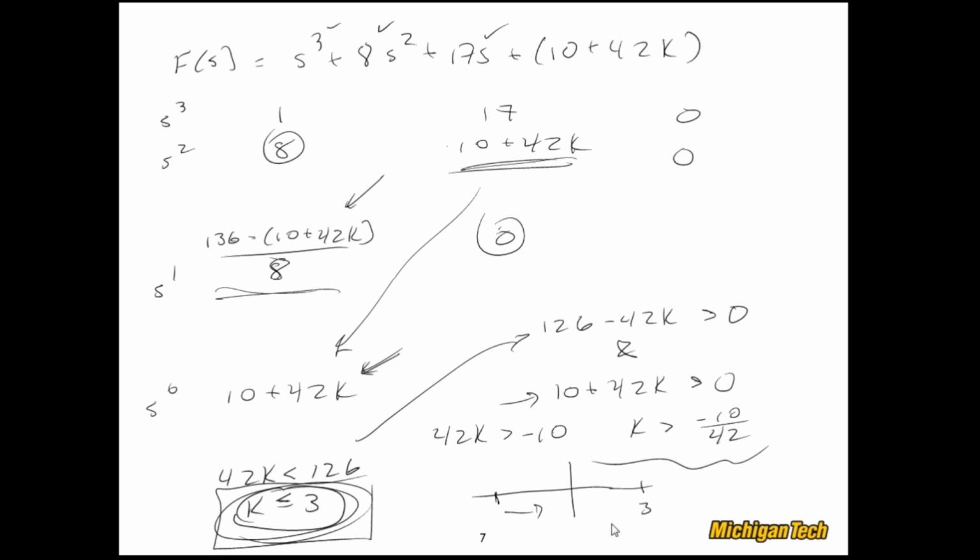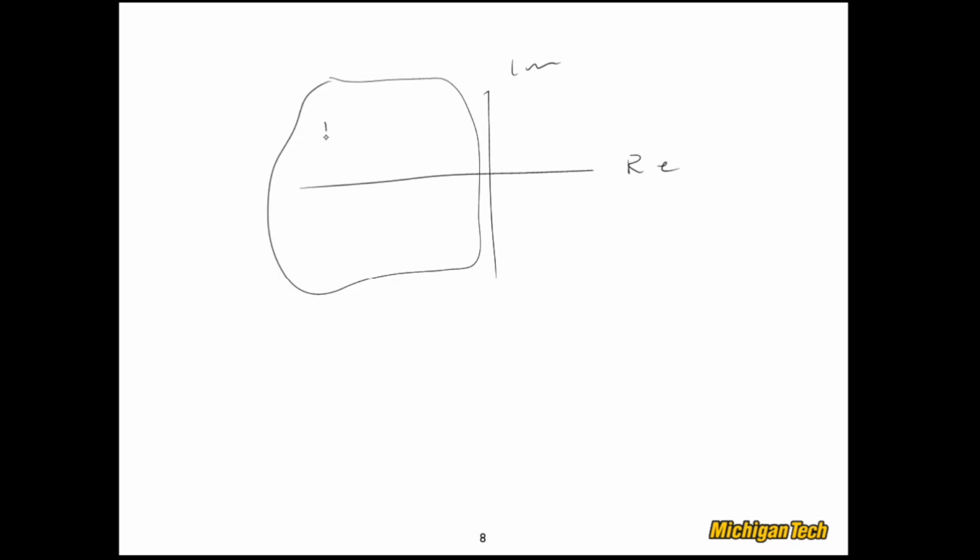Now what does this mean physically? Let me draw a complex plane. If you sort of reason this out, what it's saying is that for K less than 3, my poles must be in the left half plane based on that Routh stability. When K is greater than 3, we'll have sign changes in that first column.